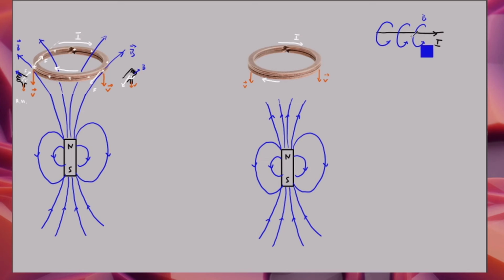Likewise, let's get rid of it. If you have a loop, and the loop loops around like this, or better yet, let me draw it like this. So you have this loop that does something like this, and then let's say that the current flows in this direction. So here's current I, and then this thing goes around and comes back out like this.